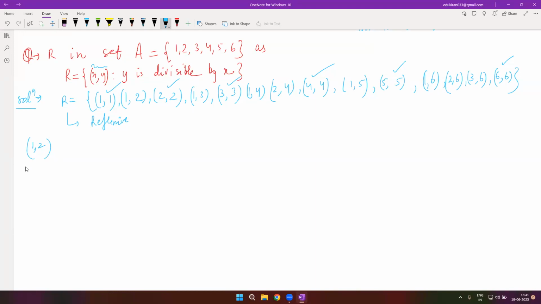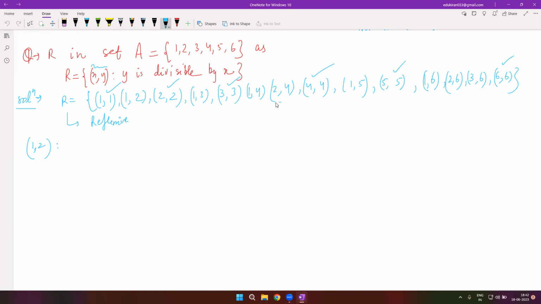But to check mathematically, if you want to be really sure, this is a good method: you take a pair and then search for the pairs which can be transitive with this. To know that, I have to take all the pairs from this set which start from 2, right? Because it is ending on 2.